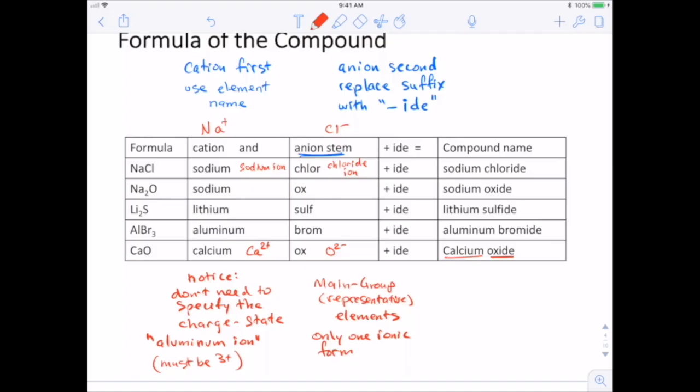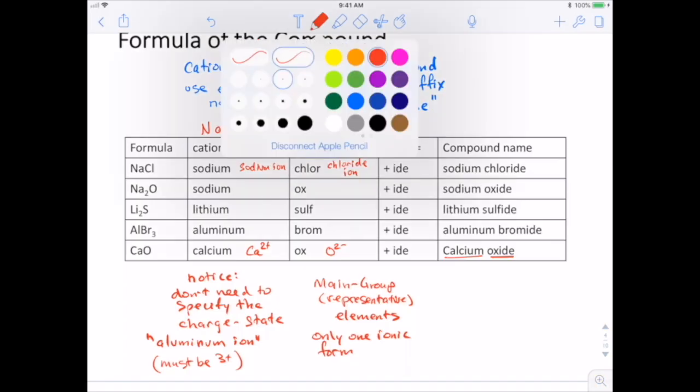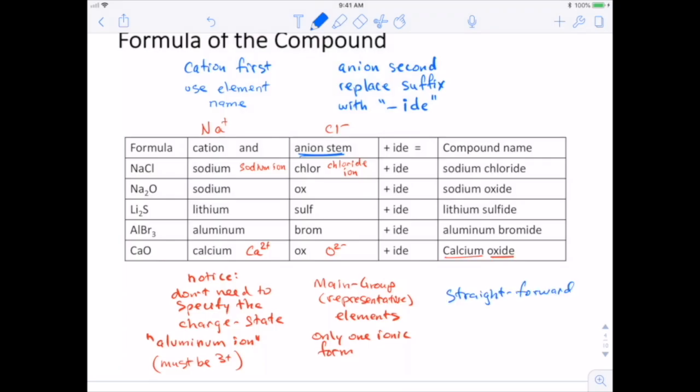Okay, so it's pretty straightforward then when you're using these main group or representative elements to do this. There's only one ionic form. It's unambiguous. You don't need to specify the number of charges. You just call it the name. So calcium oxide. That doesn't tell you that there's one calcium and one oxygen. You can figure that out from the charge states.